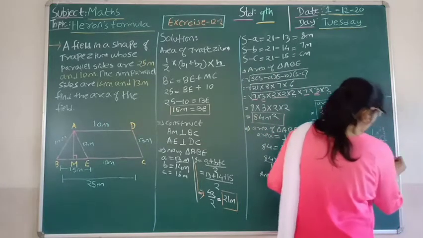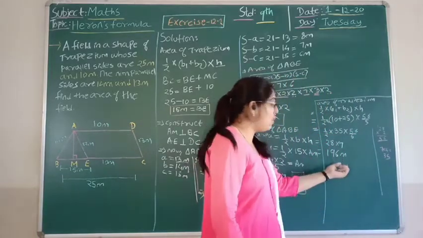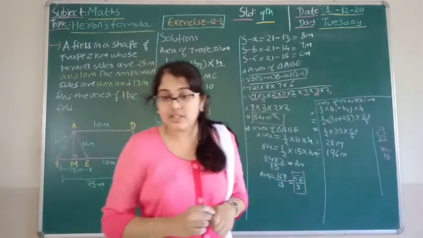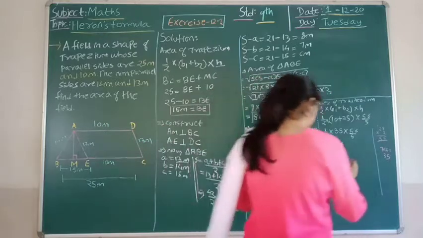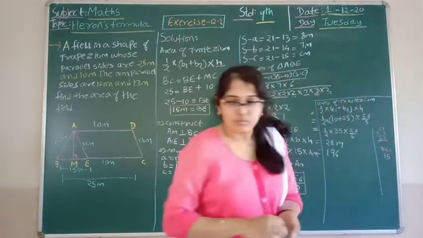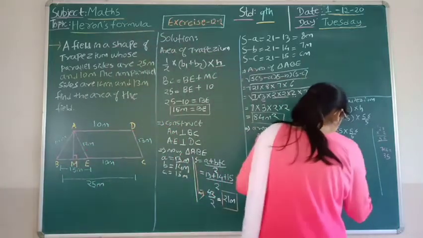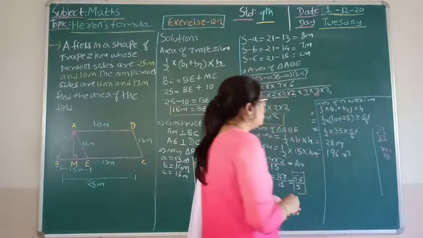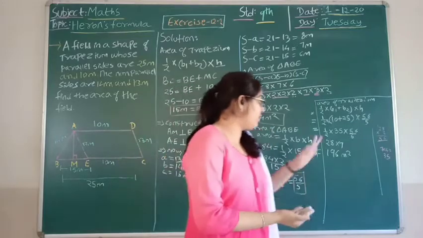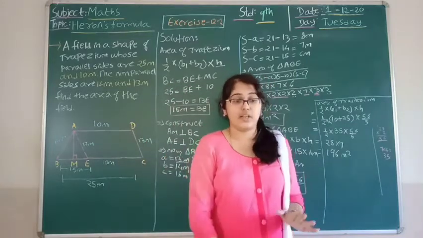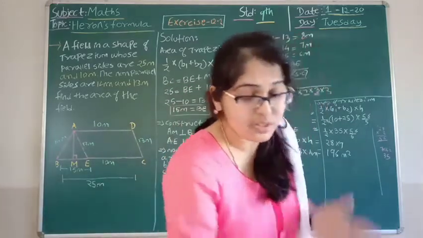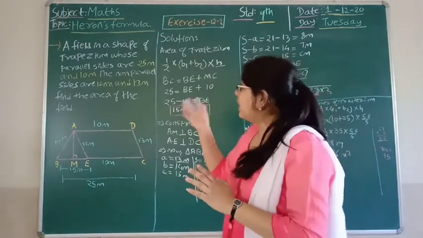So this is how I'm getting the answer, 196 meter square, because all the units are meters. So the area of the trapezium will be 196 meter square. This is how we can find the area of the trapezium field.